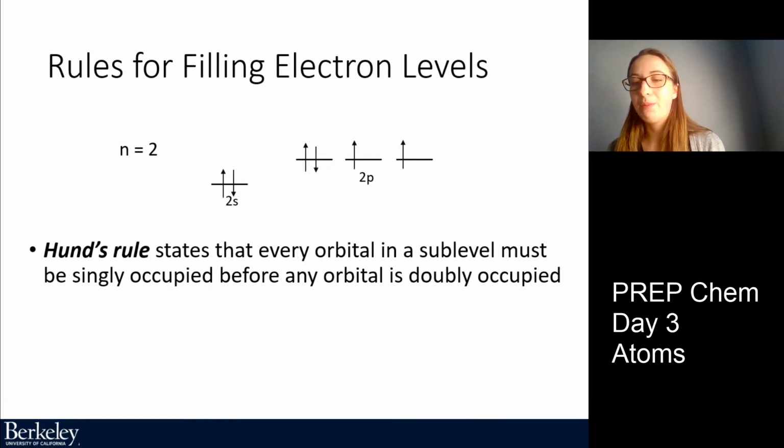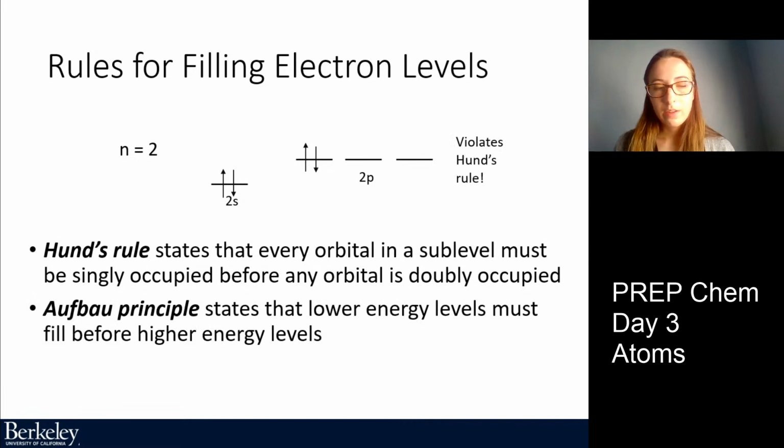Someone had a question about what's the difference between the Aufbau principle and Hund's rule. I'm going to go forward and show the Aufbau principle on this one. So the Aufbau principle just means that you fill the lower energy levels first. That means that this 2s orbital is actually at a lower energy.